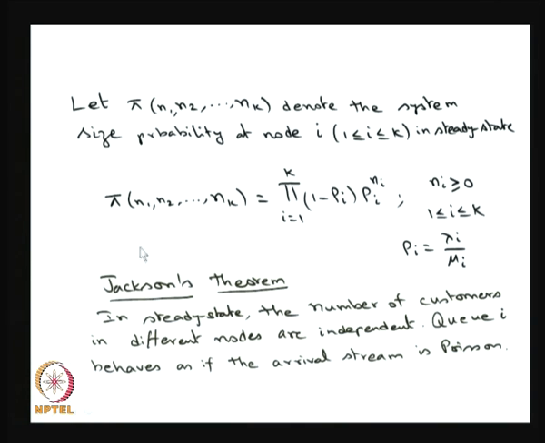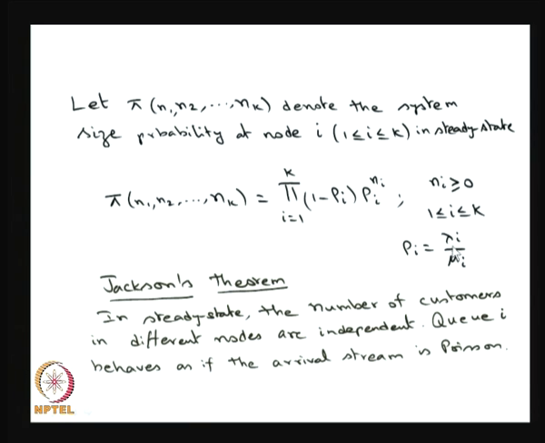Therefore, you can get the joint distribution of ni customers in the ith node as the product of the individual probabilities. Because a joint distribution is going to be the product of individual probabilities if each random variable is independent. Therefore, you can use that logic to get the joint probability as the product form solution.